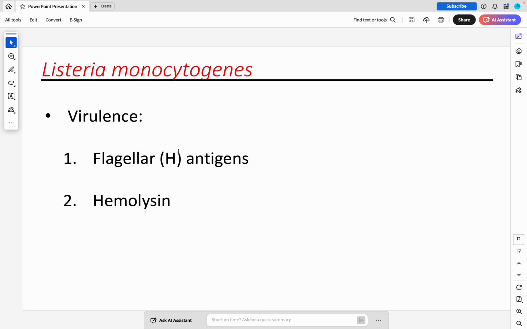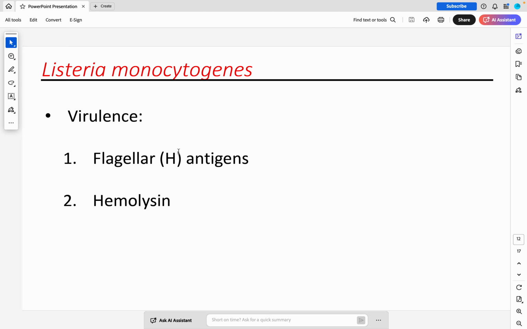They're also able to produce hemolysins, which are cytolytics. Additional virulence factors include several more molecules. We have surface proteins called internalins, which allow them to attach to the host cell.